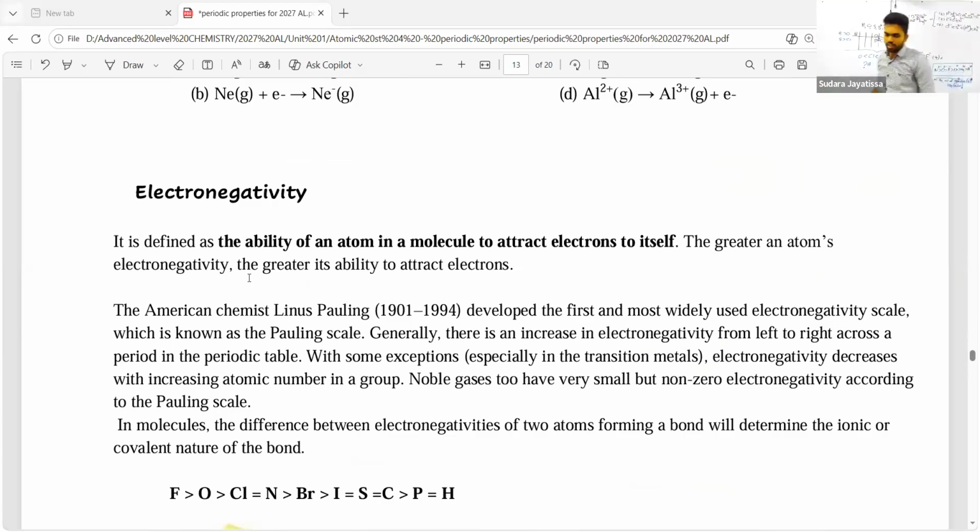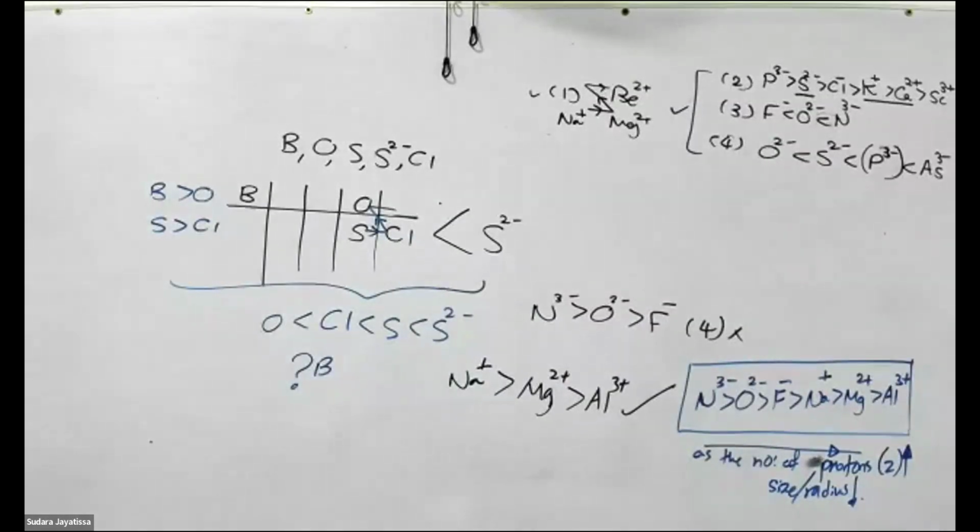Electronegativity. It is defined as the ability of an atom in a molecule to attract electrons to itself. The greater an atom's electronegativity, the greater its ability to attract electrons.